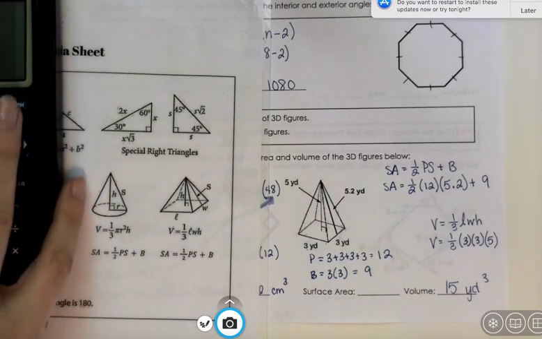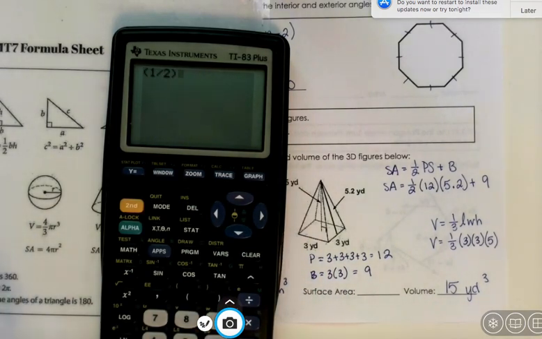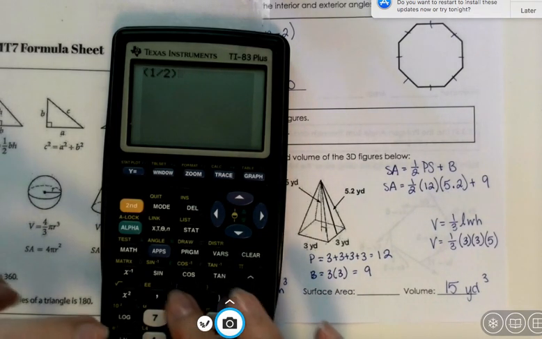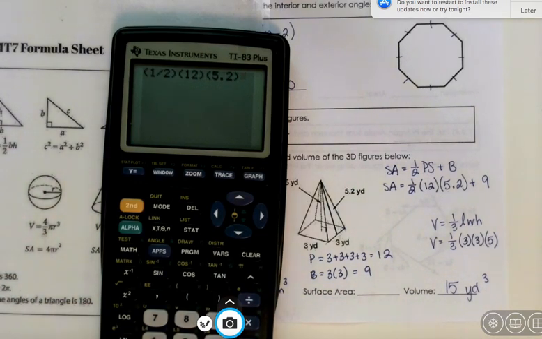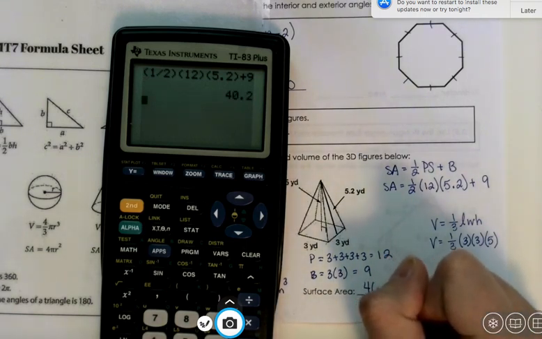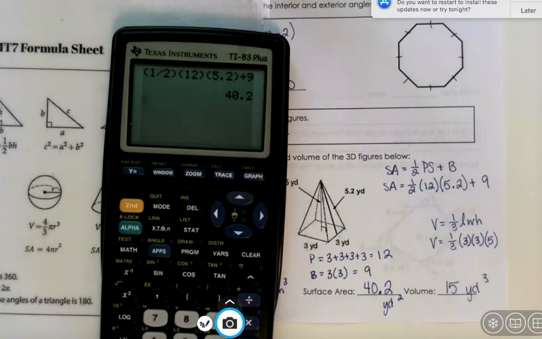So to type that in my calculator, I still want to put my fraction inside parentheses. So there's my 1/2. Then I have times 12 and times 5.2 plus 9. So my surface area of this pyramid is 40.2 yards squared.